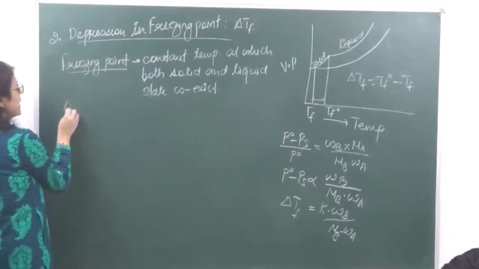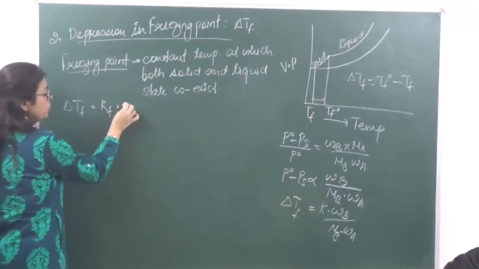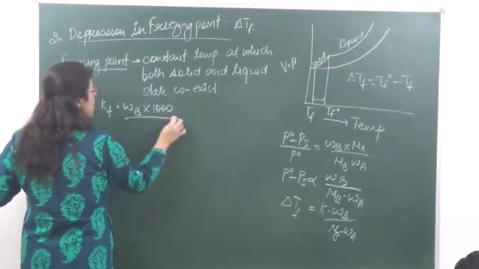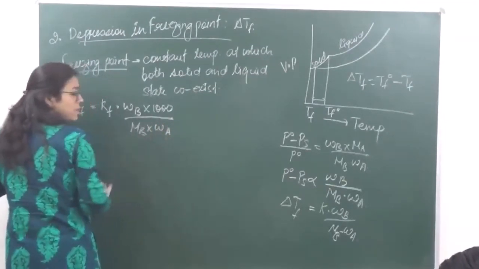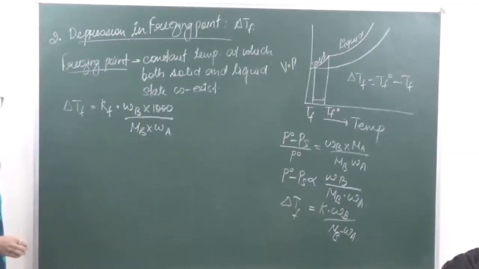We will get delta Tf equal to Kf into Wb into 1000 upon Mb into Wa, where Kf is known as the cryoscopic constant.